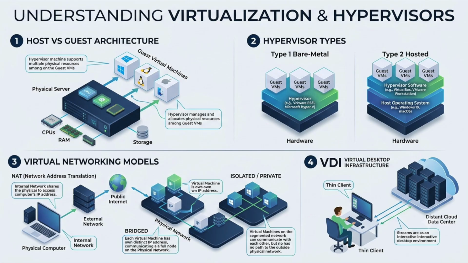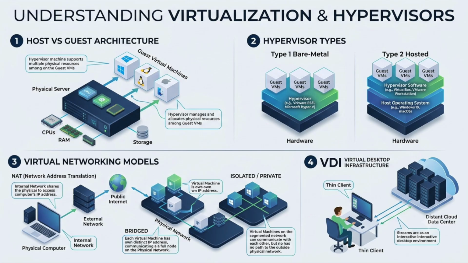Now, I want to get into how we actually install this traffic cop, because the CompTIA materials break hypervisors down into two very distinct architectures, Type 1 and Type 2. Yeah, and the architecture you choose fundamentally depends on whether you are an everyday consumer or managing an enterprise data center. A Type 1 hypervisor is referred to as bare metal. Bare metal. Right. A common example would be VMware ESXi or Microsoft Hyper-V.